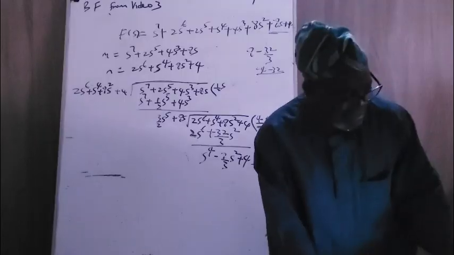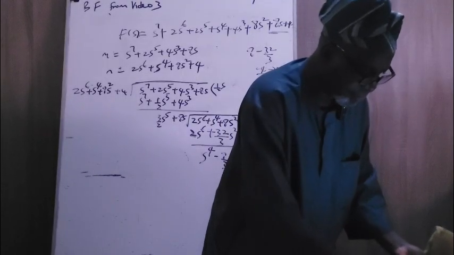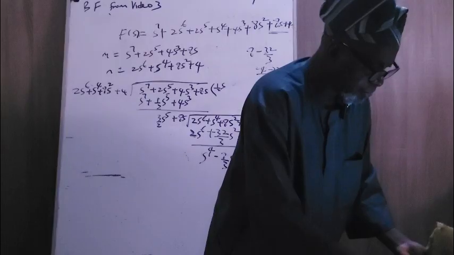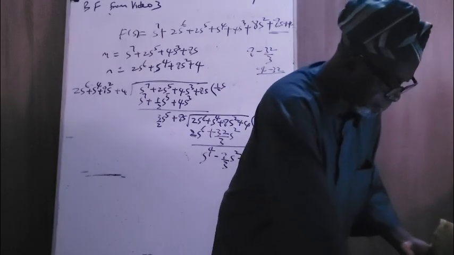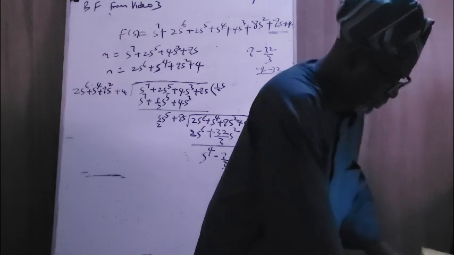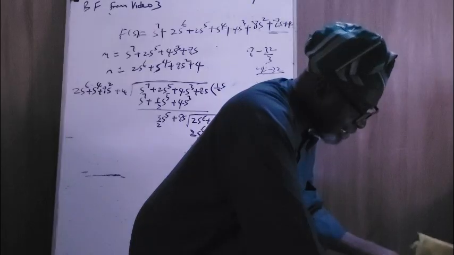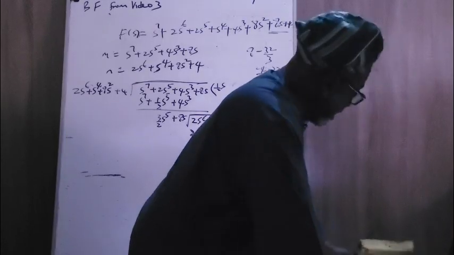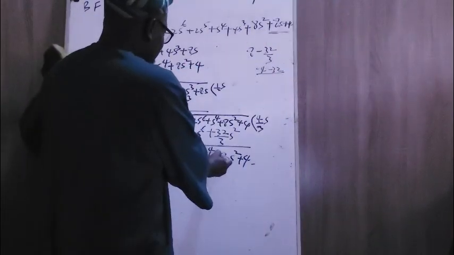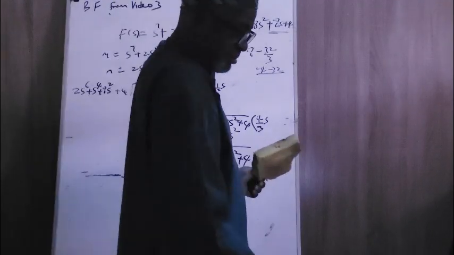Let's check. So we got s over 2, we got 4 over 3, and then by the time we are getting negative here, definitely there's a problem.